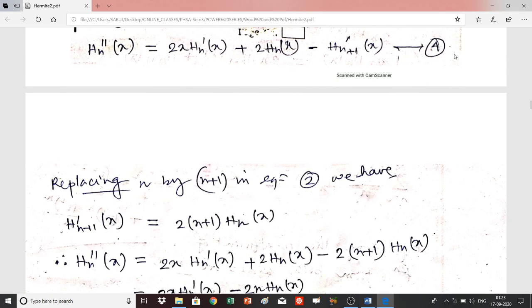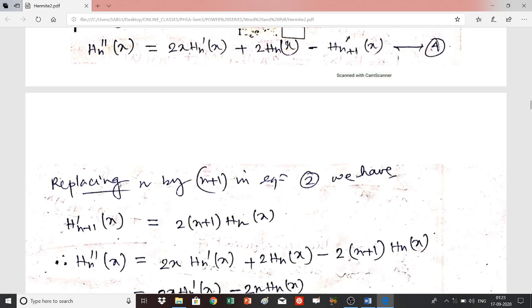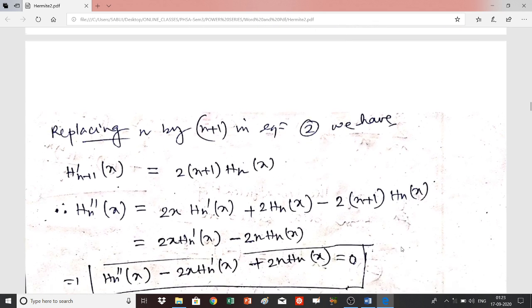So from equation 4, you can write hn double prime x is equal to 2x hn prime x plus 2 hn x. The first two terms are as usual, and then substitute the value of hn plus 1 prime x in this equation. So there will be minus 2 into n plus 1 hn x, and now we have to simplify.